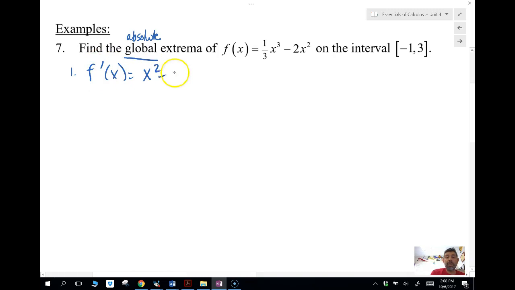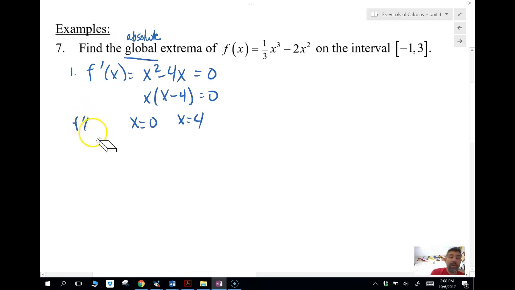So we're going to get x squared minus 4x. And then we're going to set that equal to 0 to find our critical numbers. So our critical values here are x equals 0 and x equals 4, and that is when f prime of x equals 0.